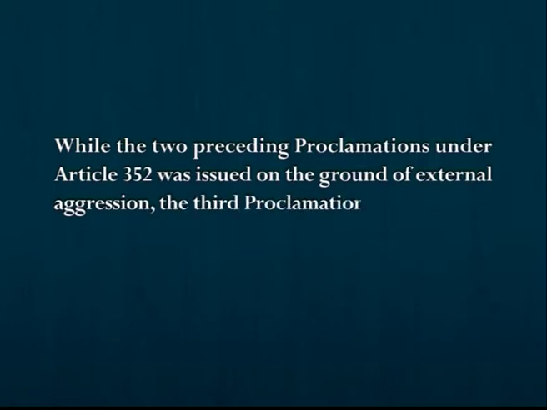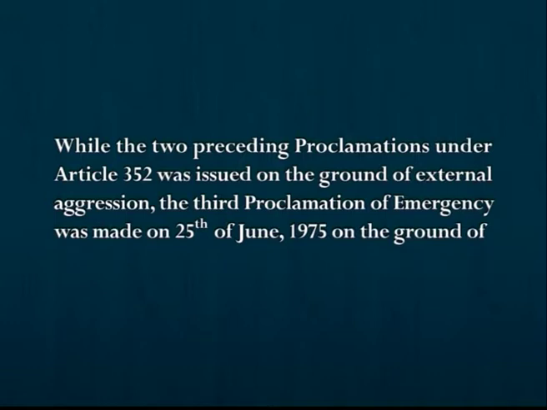The third proclamation of emergency was made on 25th June 1975 on the ground of internal disturbance. The situation said to be an internal disturbance was that certain persons had been inciting the police and the armed forces in their discharge of duties and their normal functioning.